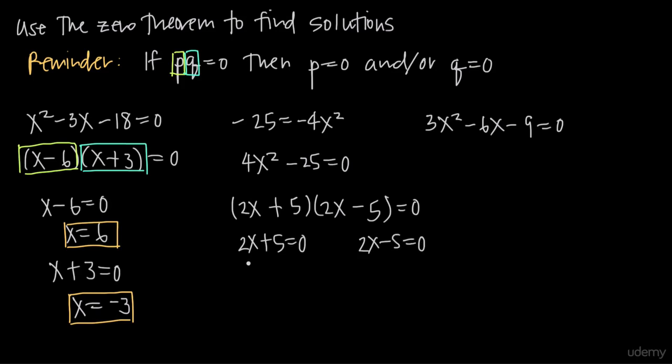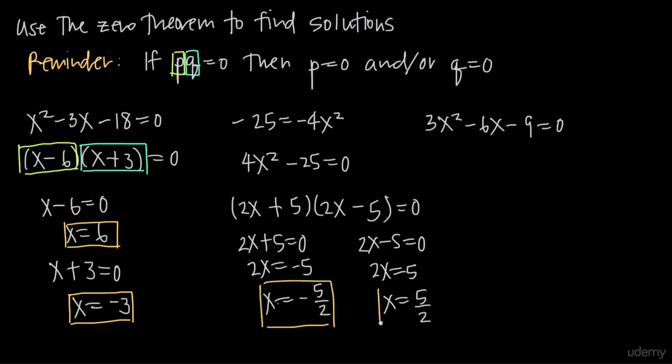In this first equation, we'll subtract 5 from both sides and get 2x equals negative 5. Dividing both sides by 2, we'll get x is equal to negative 5 halves. In our second equation, we'll add 5 to both sides and get 2x equals positive 5. Divide both sides by 2 and get x is equal to positive 5 halves. So the solutions to this equation are x equals negative 5 halves and x equals positive 5 halves.